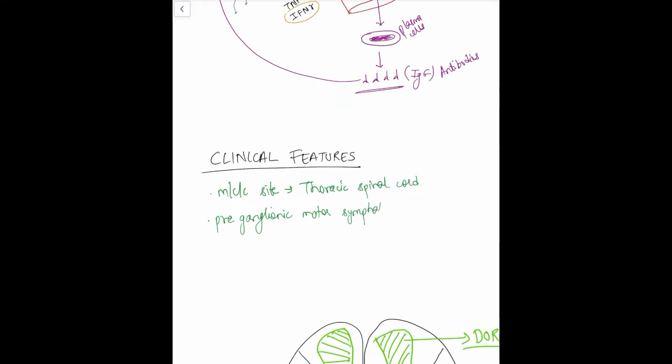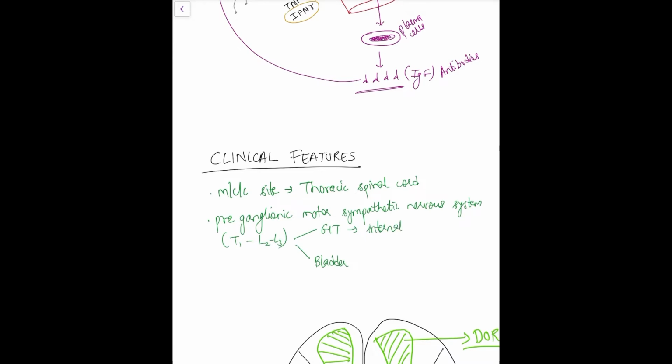So if there is demyelination occurring in this area, your sympathetic nervous system gets affected. And how does it get affected? This sympathetic nervous system supplies the GIT, that is the internal anal sphincter, and it supplies the bladder, the urethral sphincter.